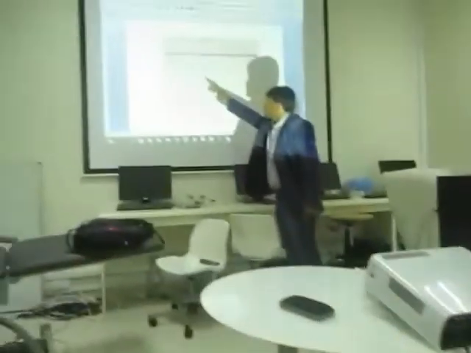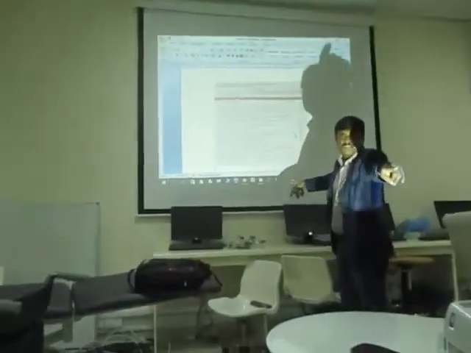this is the Dizziness Handicap Inventory. Here there are 3 things. P means physical, and there is one more, F. There are 3 things: P, physical subscale; E, emotional subscale; and F, functional subscale.